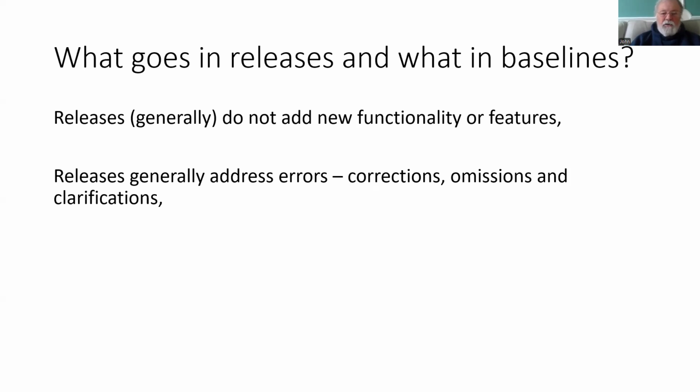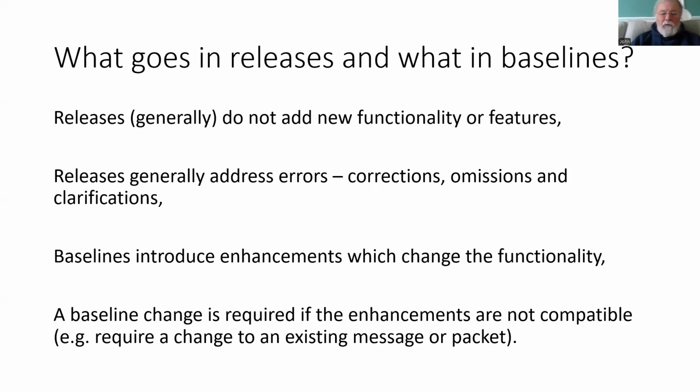If it can be managed through a release, then that is an advantage. However, there are things, often known as game changers, where the baseline has to be invoked, and this will provide, through enhancements, a significant change in functionality. Things that are introduced as part of this process will not be available for earlier baselines.